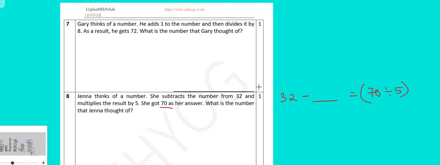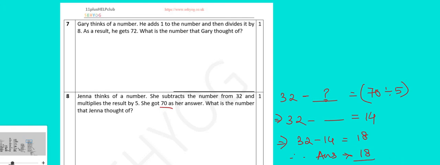Now 70 divided by 5 gives us 14. We don't know this place, so we can give a question mark here. We have a 14. Now therefore 32 minus 14 is 18. Therefore our answer for question 8 is 18.